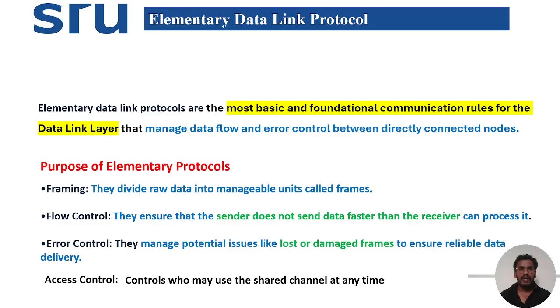If I am the sender and I send files continuously, the receiver may not be able to read the entire file in time, which causes trouble. That is why the sender should not send data faster than the receiver can process it.